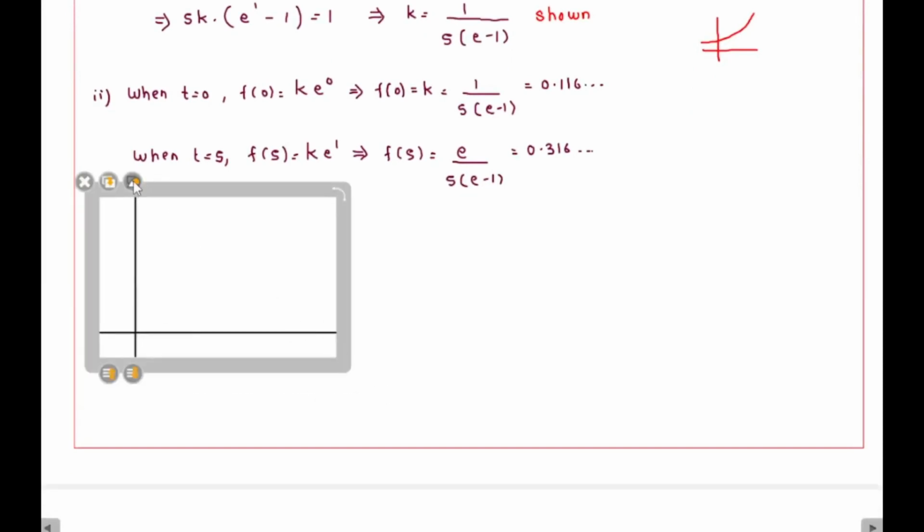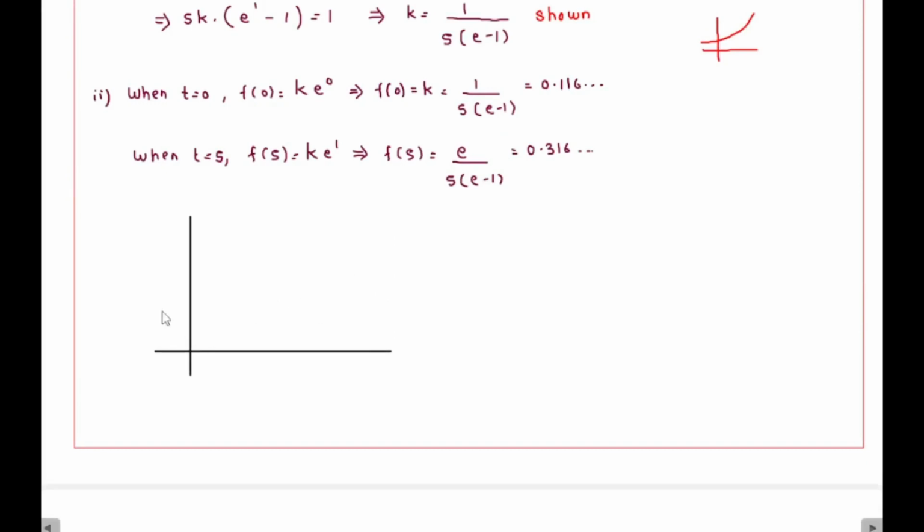Let me bring this a little bit to the right. This is our f of t with respect to t. So the graph would look somewhat like this, with this initial value here as 0.116, or rather I can say a precise value as 1 upon 5 times (e minus 1).